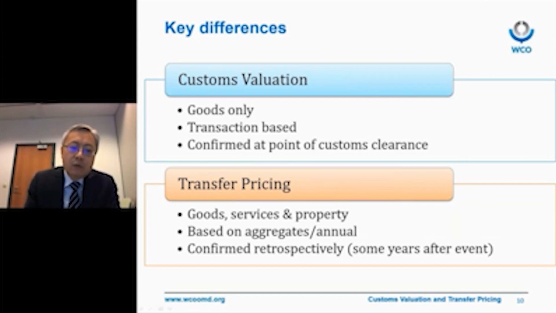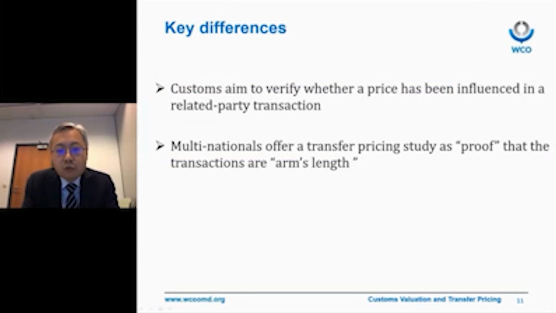And if we come to the rules, the OECD guidelines and the WTO customs valuation agreement, there are some key differences. For customs, the focus is on the transaction value method, Article 1, and whether or not the declared price had been influenced when buyer and seller are related.